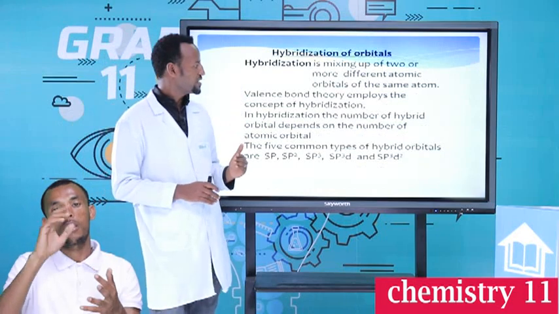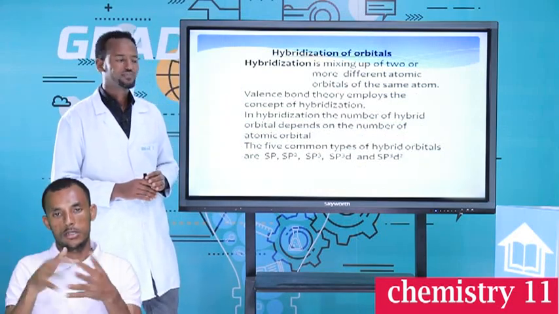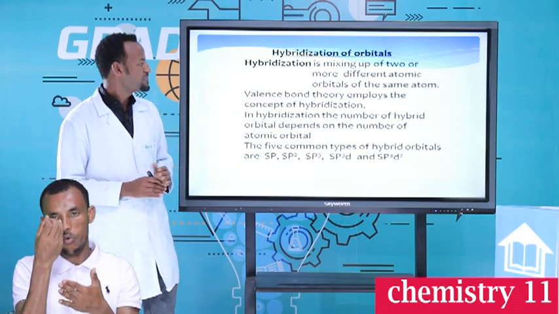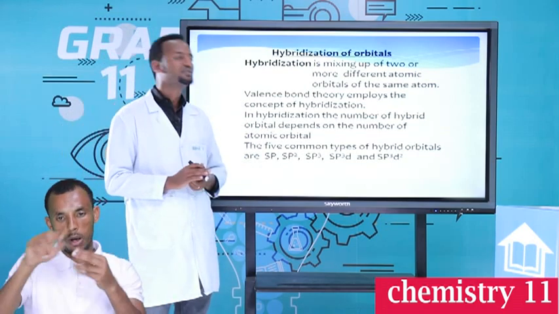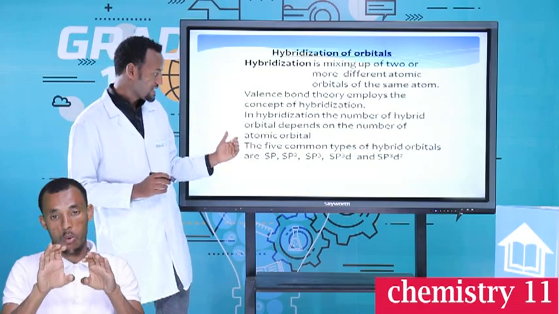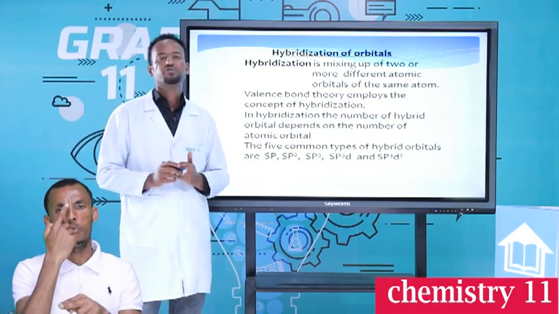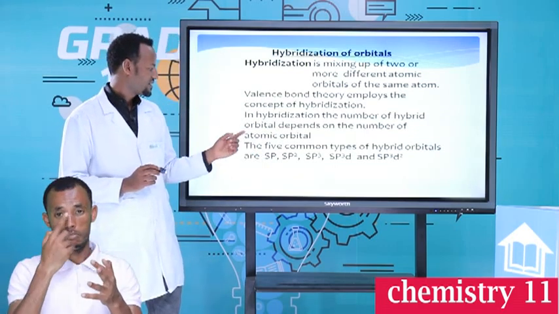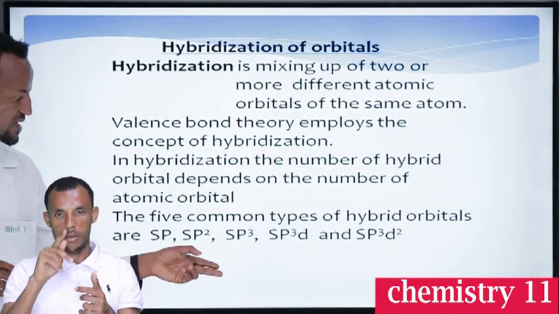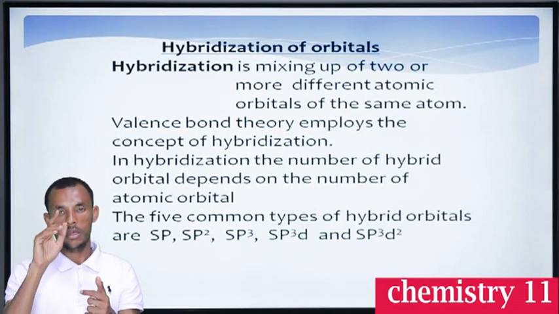Valence bond theory employs the concept of hybridization. The number of hybrid orbitals depends on the number of atomic orbitals. There are 5 common types of hybrid orbitals: SP, SP2, SP3, SP3D, and SP3D2.